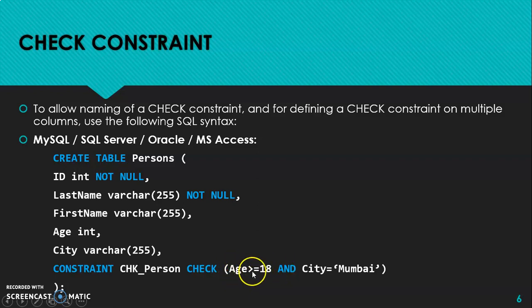Age is greater than or equal to 18, so when I'm entering the value, the age should be 18 or higher, and city equal to Mumbai. So when I'm entering data, I have to check that ID should not be null, last name should not be null, my first name can be null, my age should be 18 or above, and the city should be Mumbai.